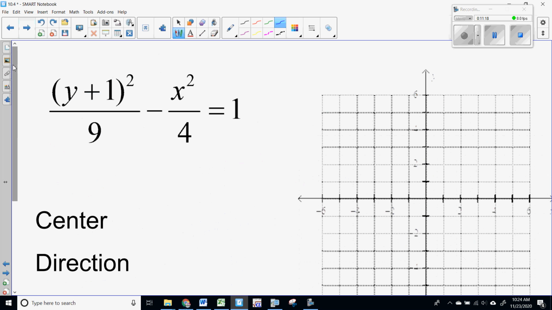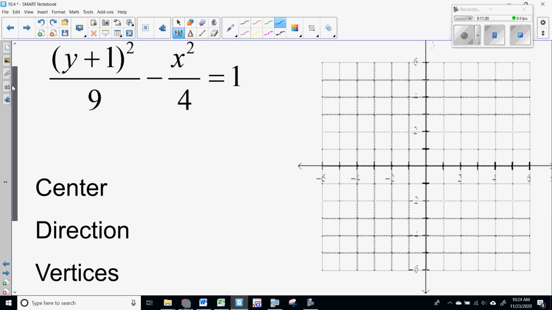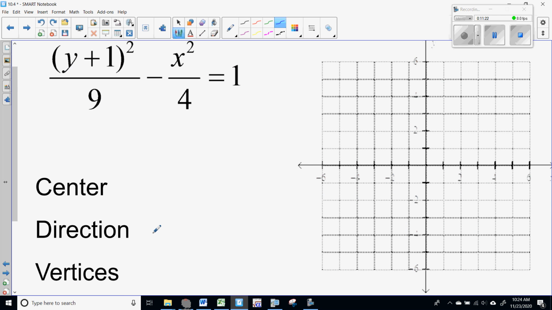So let's look at another example here. First question is we want to think about what's our center and what's our direction. So the center here is 0, 1. And my direction, because y is first, this is going to open up and down. My A is 3.